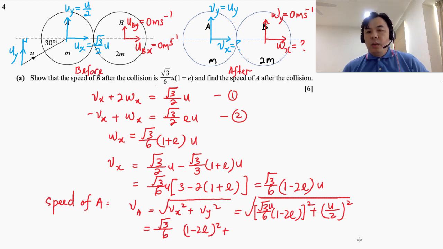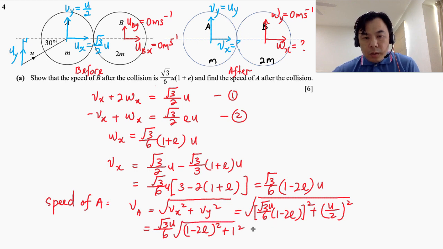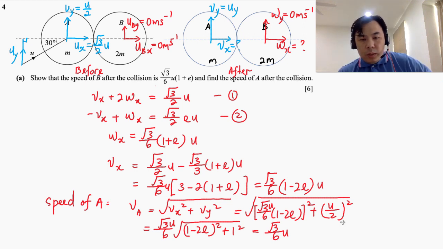Okay, I better put it in. And then from here, after I simplify that, I should have a u here. And then that should be a 1 squared. Okay, so from here onwards, let me see what do I have. I will have root 3 over 6 u. And then this one, if you try to simplify that, you would get, let me see, it's a 4, it's a 4, 1, 2. Is that a 2? That's a 3.